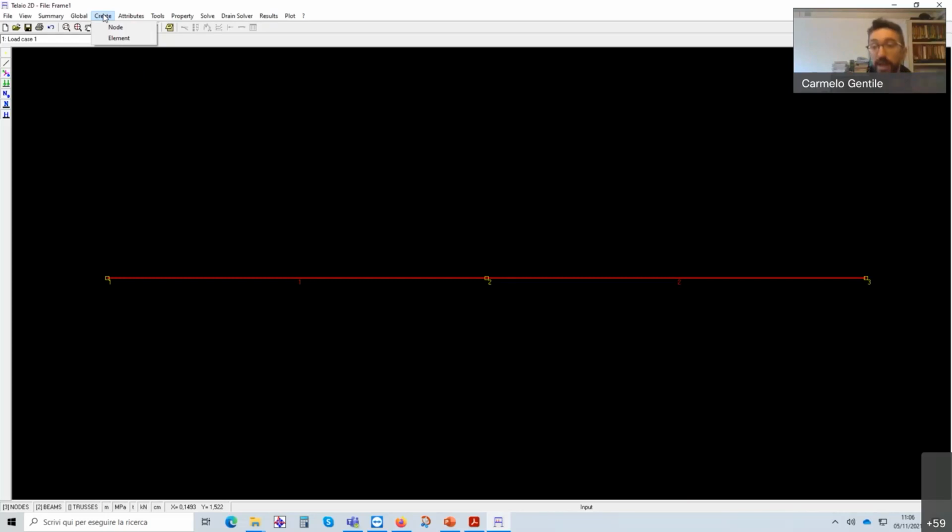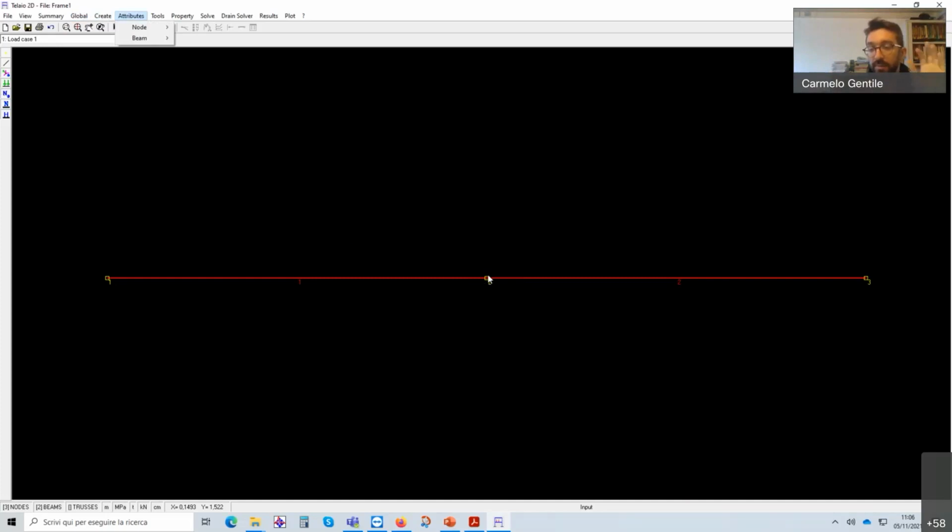Now, I have split the element into 2 elements. So the beam that I had at the beginning is now beam 1 and beam 2. But obviously, the software considers different elements which converge into the same point. So in this case, element 1 and element 2 share the point 2.